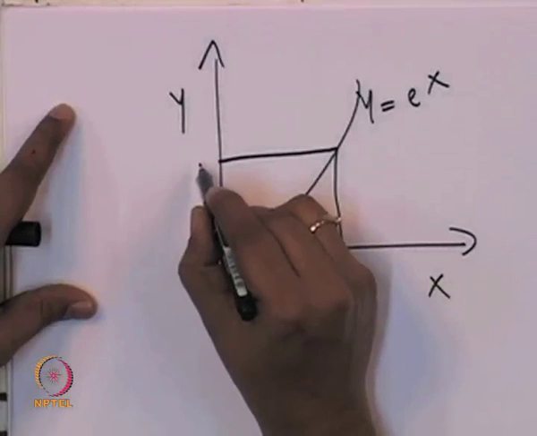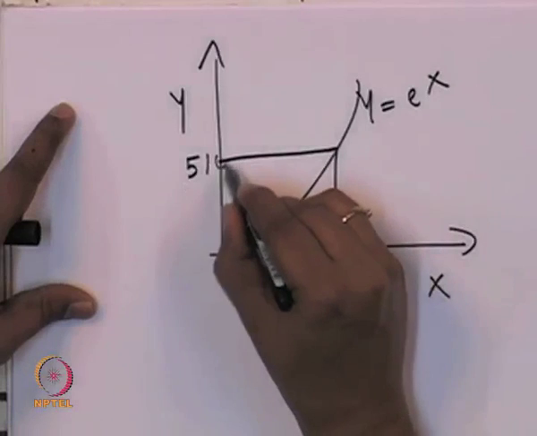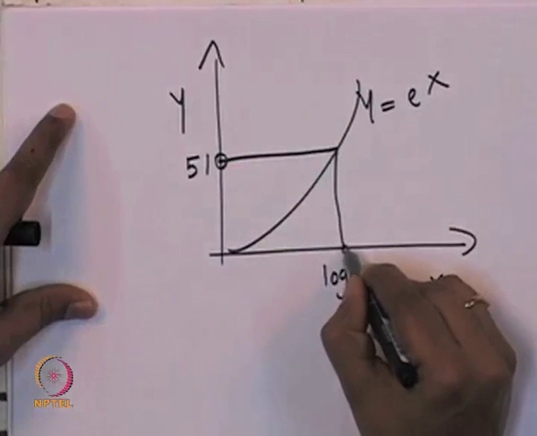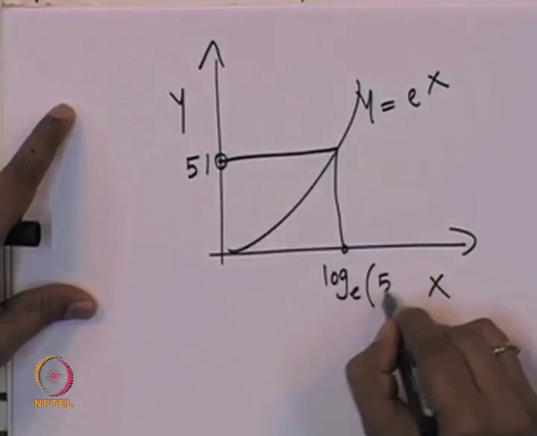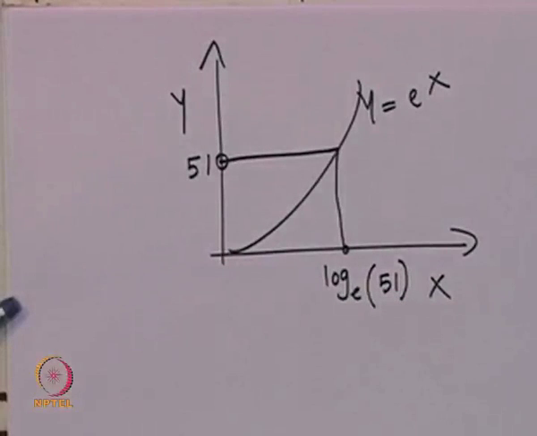So, let us say this is 51. If you draw such a line and calculate the corresponding x value, you call it log of 51 to the base e.